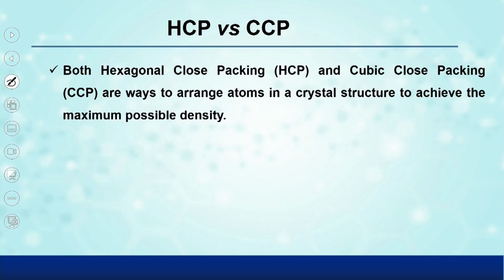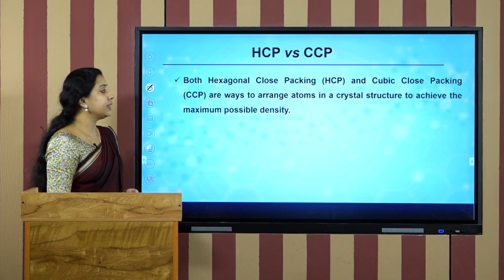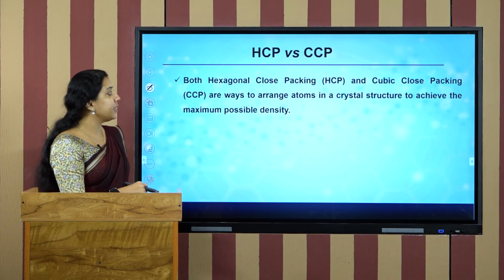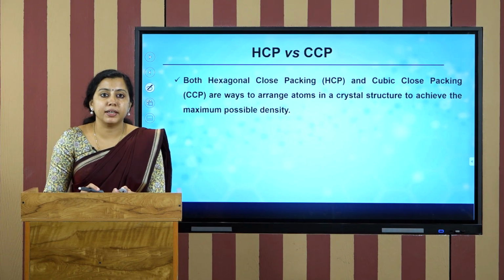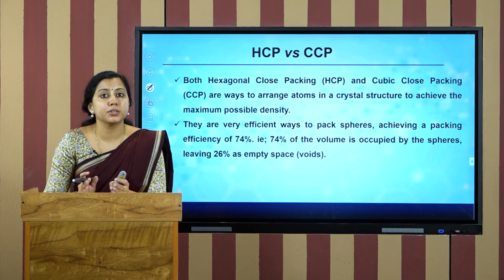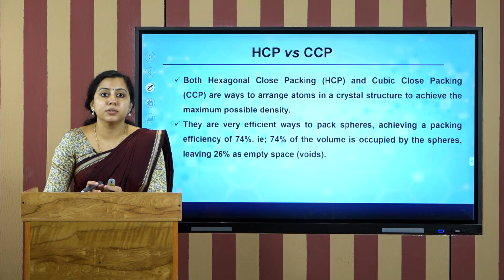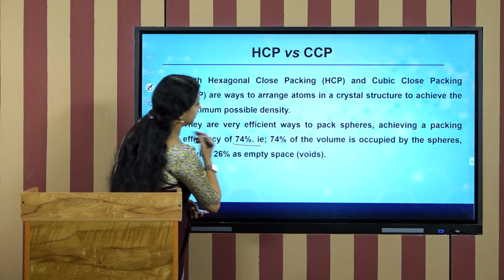Now, let us compare the hexagonal close packing and cubic close packing. Both kinds of arrangement, that is both HCP and CCP, are ways to arrange atoms in a crystal to achieve the maximum possible density. These two arrangements are the most efficient ways to pack spheres, achieving a packing efficiency of 74%.